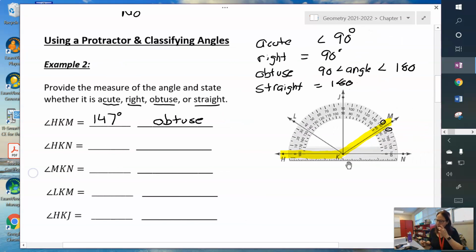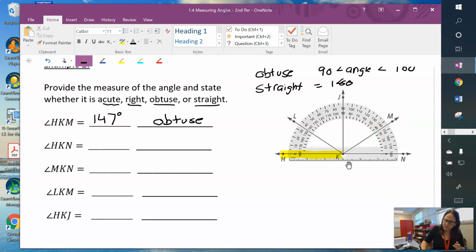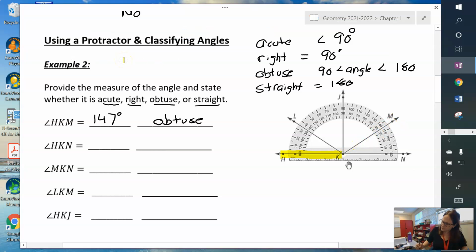Now let's look at angle HKN. It starts at H, goes through K, and goes all the way to N. That one's a straight angle. It's a full 180 degrees, and it looks like a line.